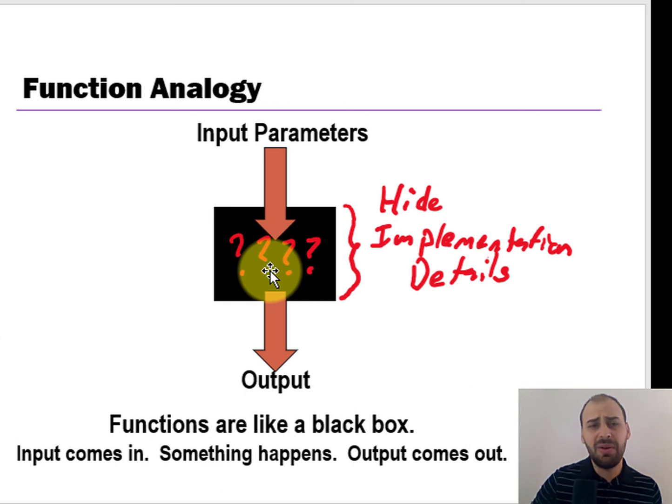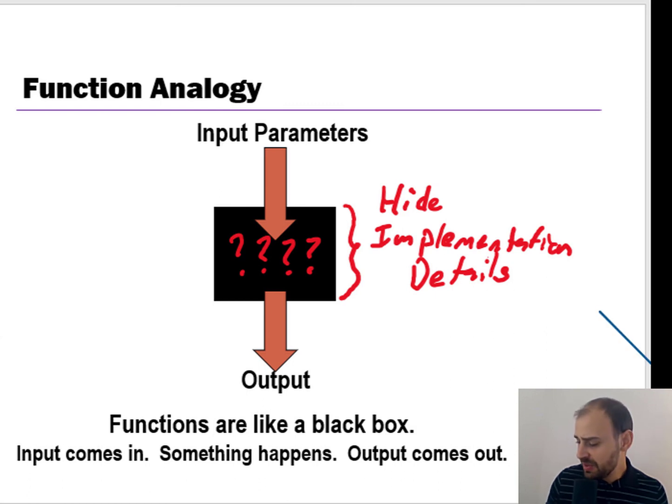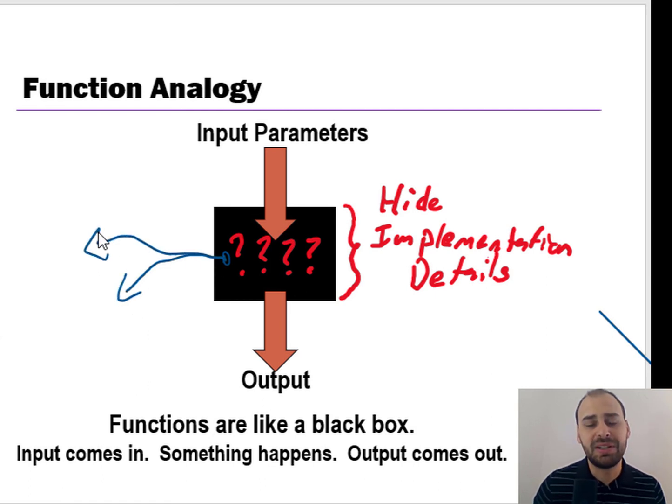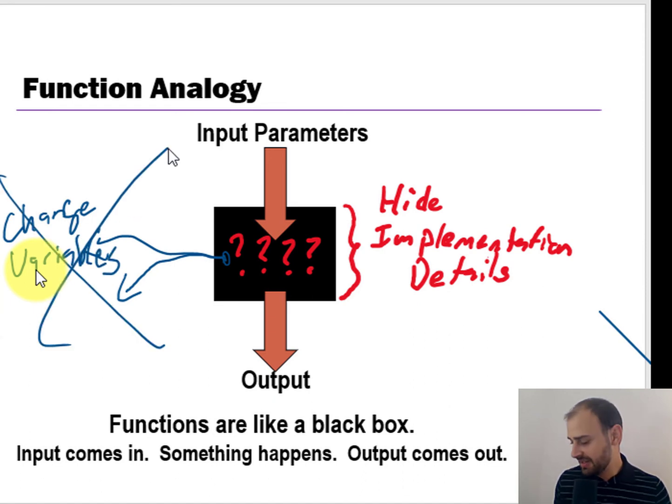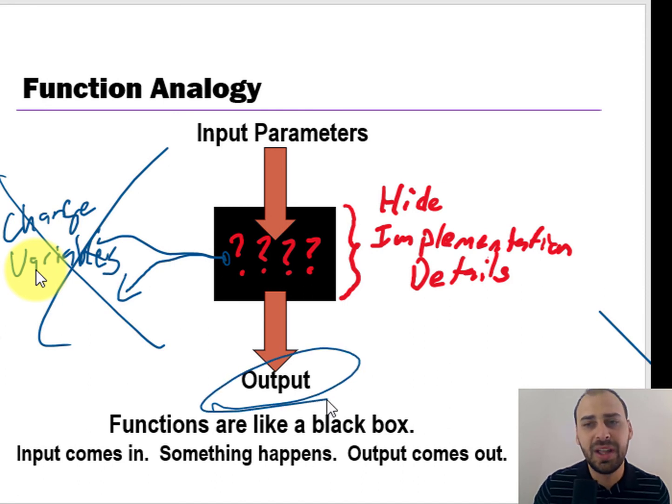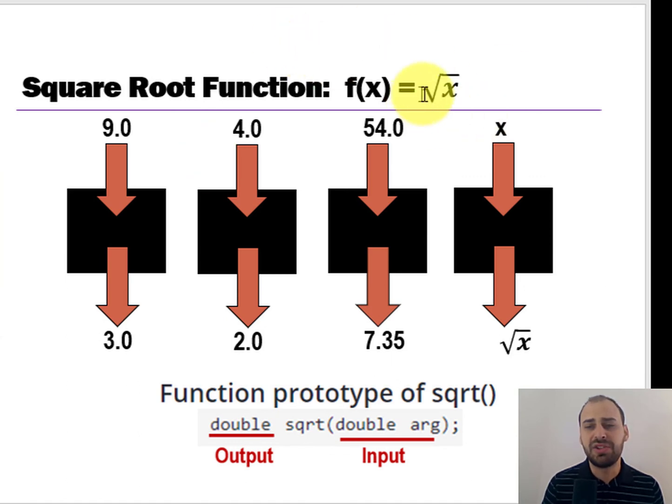Now, an important thing to note is one thing we don't want to have happen in this case: we don't want the function to be changing all sorts of random unpredictable things. We don't want the function to be changing variables and other pieces of information outside of its desired output. Think about it, when we introduced this topic, we talked about square root functions.